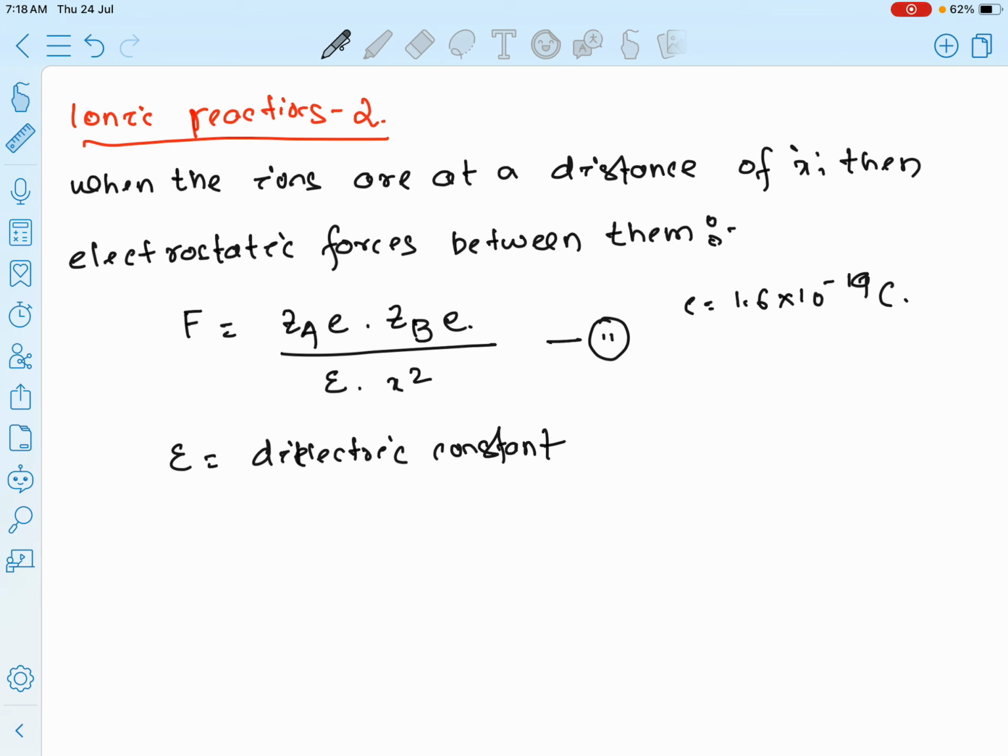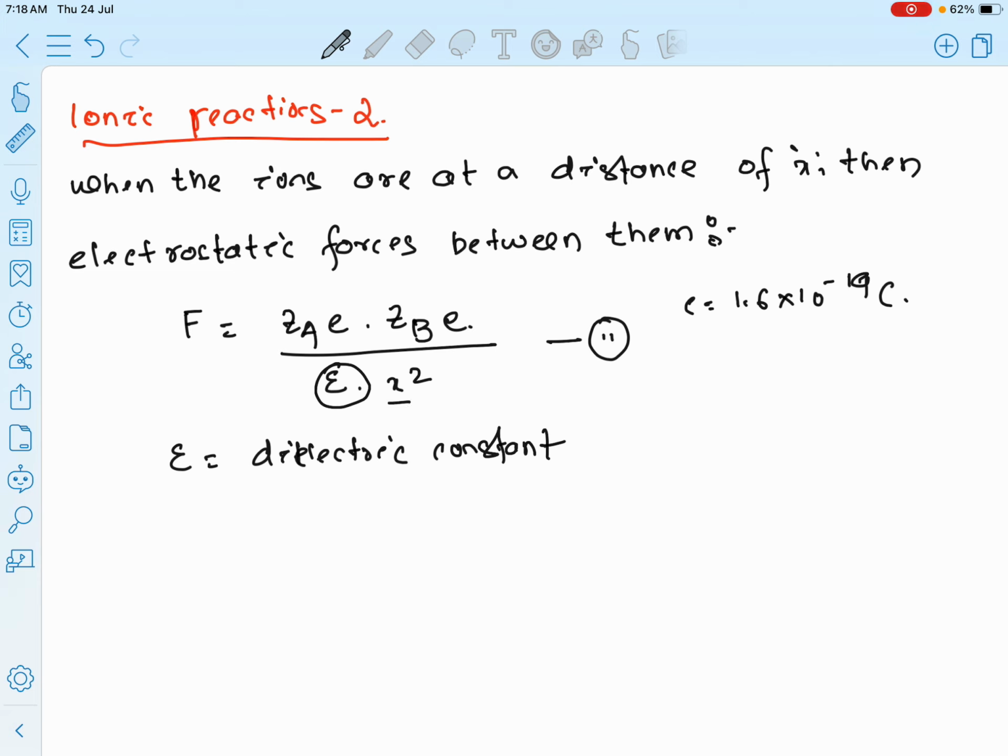So obviously the dielectric of the solvent medium will affect the magnitude of the electrostatic forces of attraction or repulsion existing between the ions. Therefore this term has been arrived at and I have used it in the expression.